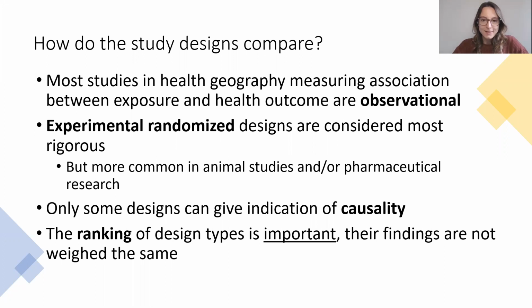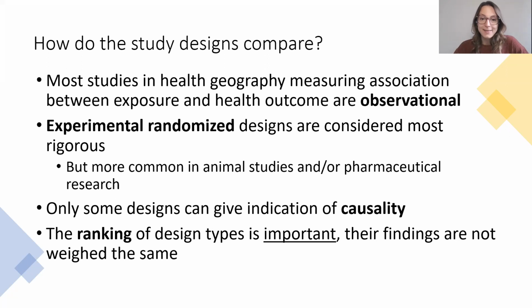Now, the reason I talk about this is because we're going to spend some time talking about these different studies, but also how they rank compared to one another, how their results and how their associations tell us different things. We also mentioned this a little bit last week, how some designs can give us an indication of causality, and we'll break that down a little bit more today.